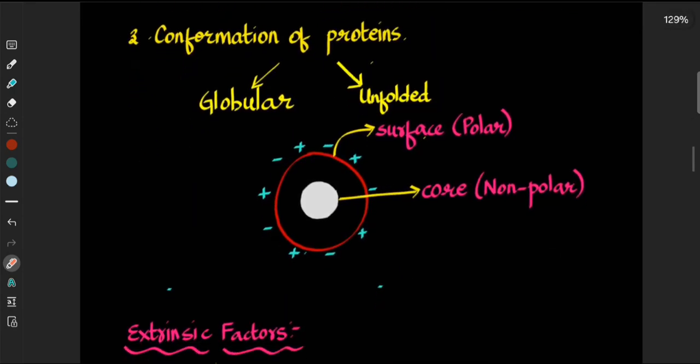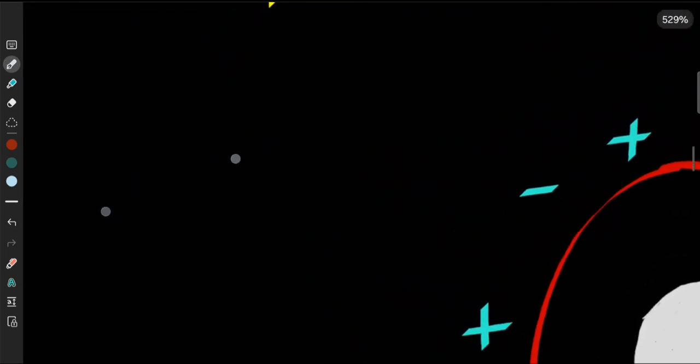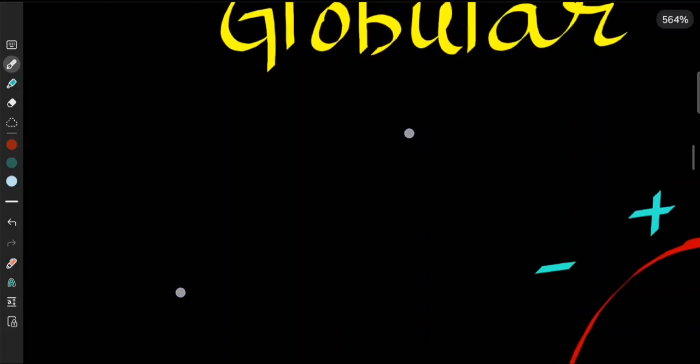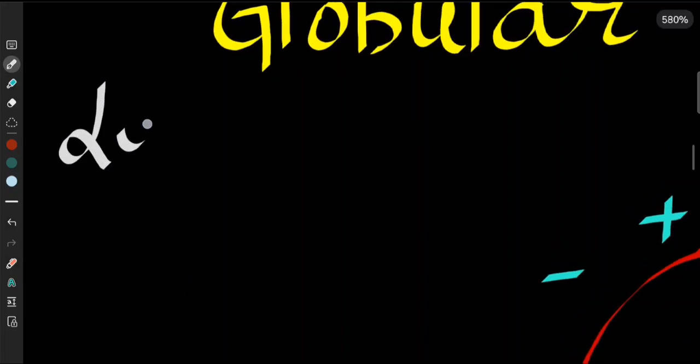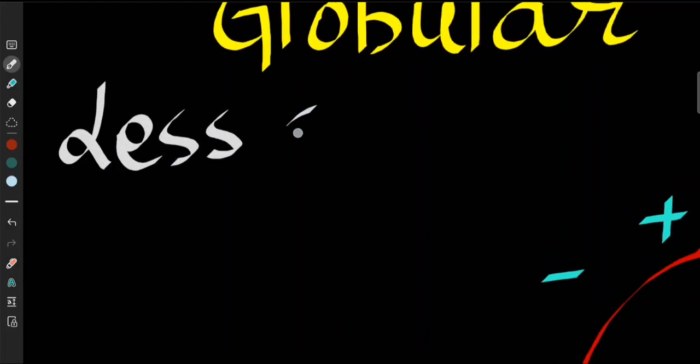So the protein can either be a globular protein, that means a folded protein, or an unfolded protein, right? So a globular protein, I'll just write it down over here. Globular protein has a chance of less solubility.